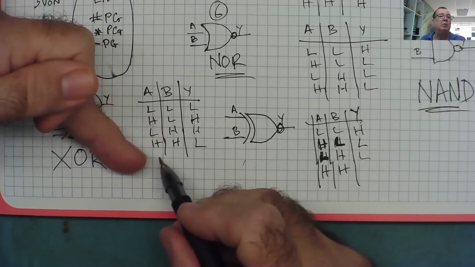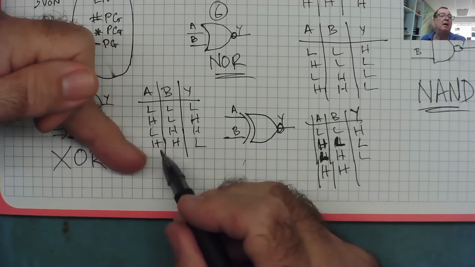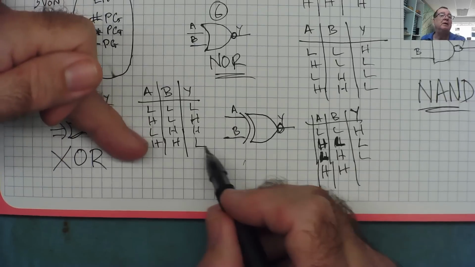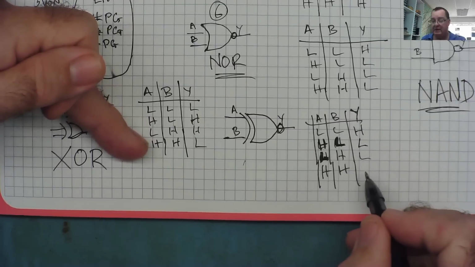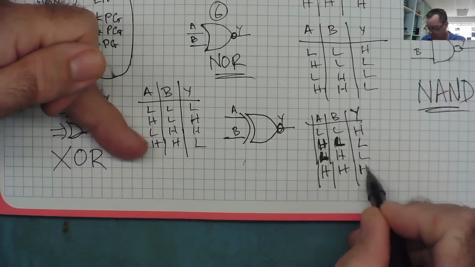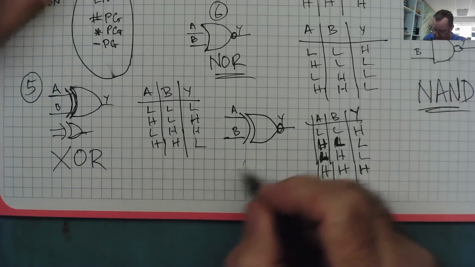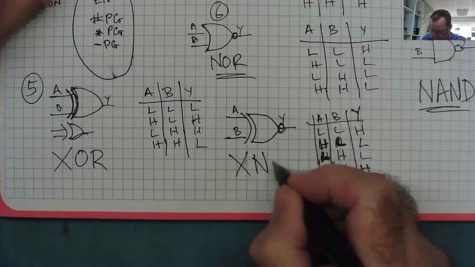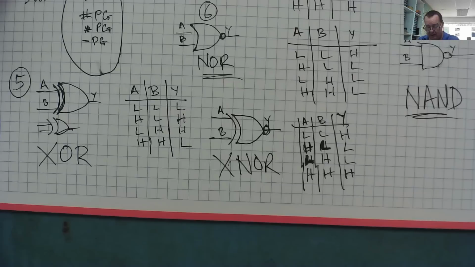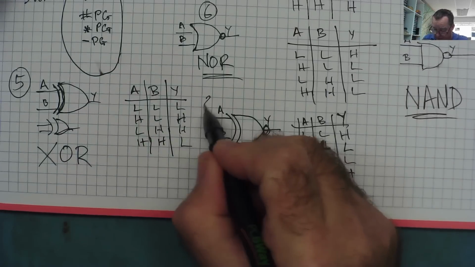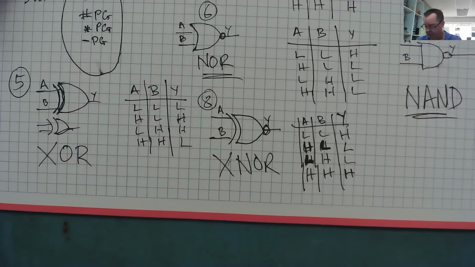And when both of them are high, because it's an exclusive OR, the output is low, and the inverter inverts it, so the output is high. That is an XNOR gate. And those basically are your 8 types of logic circuits.